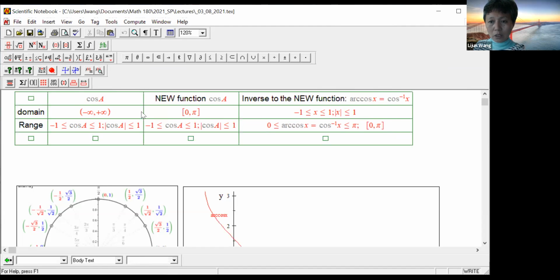So arc cosine always gives you a non-negative value, between 0 and pi. Arc cosine will never be negative. You don't need absolute value. Do you follow me?